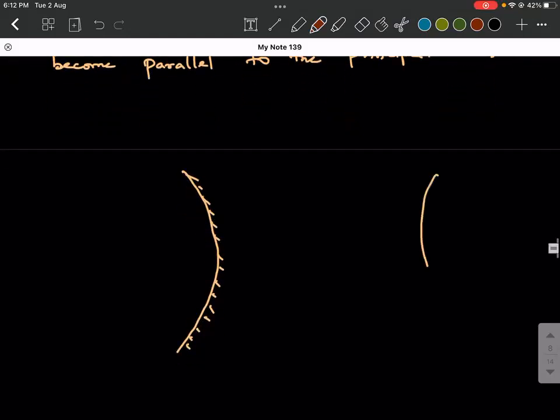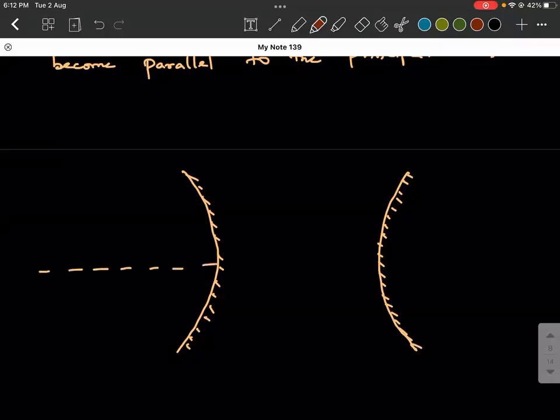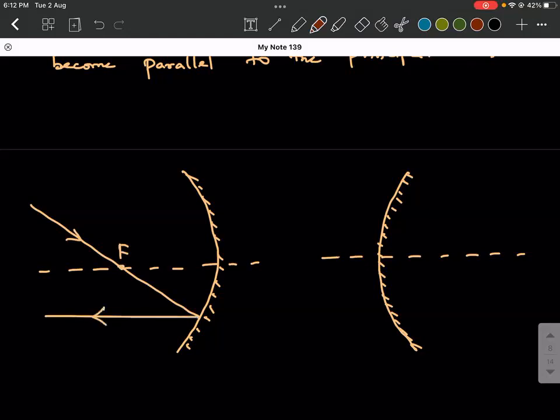So if I consider a ray like this and in this way, okay, if a ray is considered to pass through the focus, after reflection, it will become parallel to the principal axis.